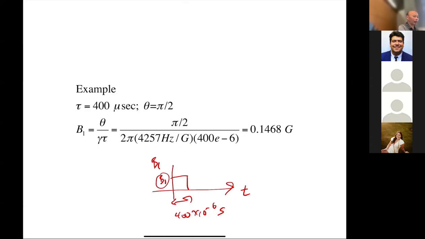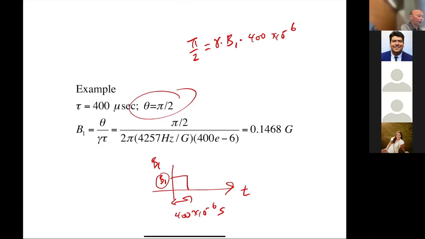What I want is theta to equal pi over 2. Simply, pi over 2 is going to be equal to the area of this, which is B1 times the time I have it played out for, times gamma. That's essentially my integral.